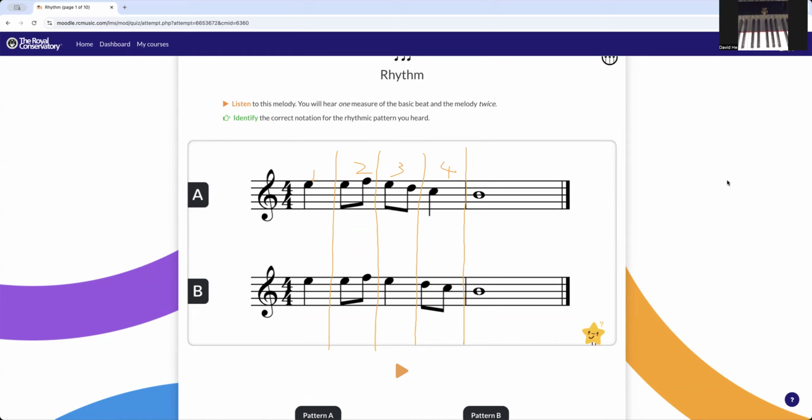So you know that 3 and 4 are different. Let's listen to that again and tell me if A or B is correct. Let's listen to this one again.